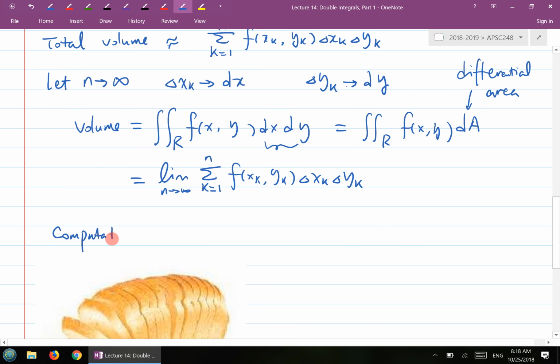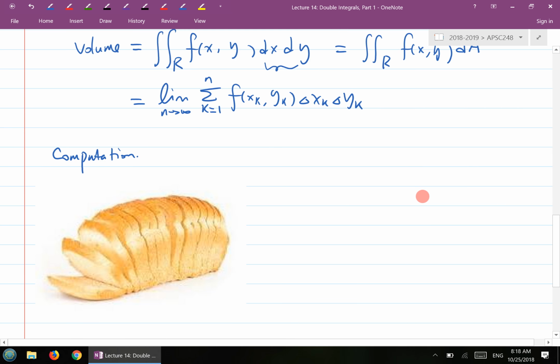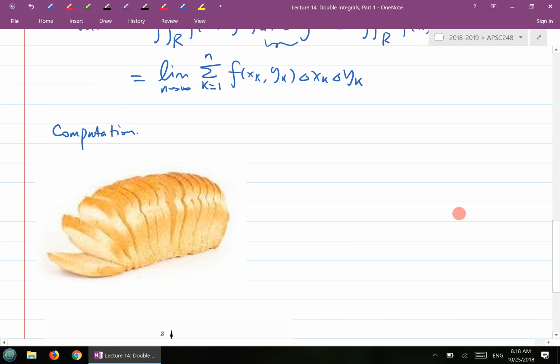And then I'm going to use this loaf of bread to illustrate the idea of calculating the double integral. So here's what I'm going to do.